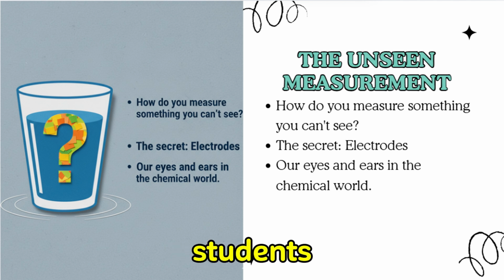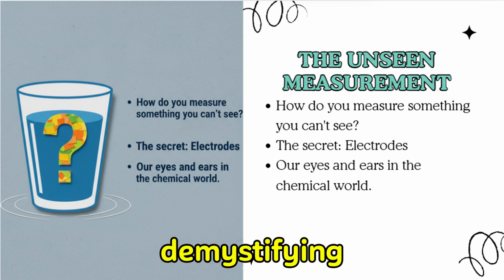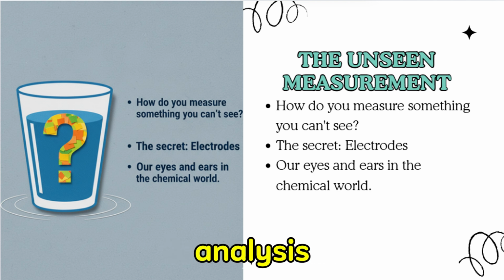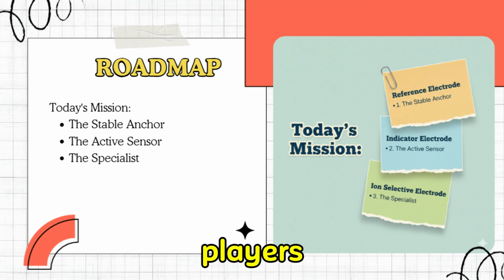Welcome, engineering students. Today, we are demystifying the fundamental tools of instrumental analysis, electrodes. Think of them as the probes that connect our measurement devices to the world of chemistry. In this video, you will learn about three key players.